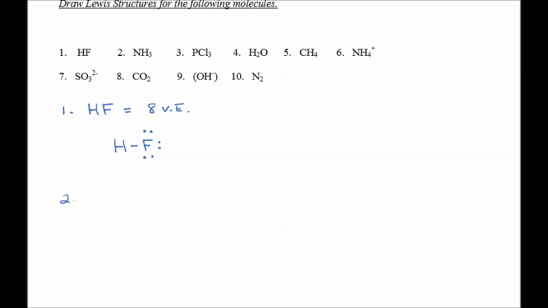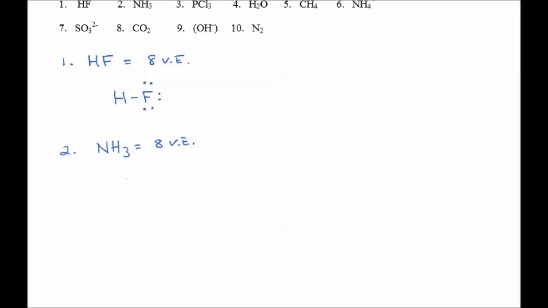So now let's just go ahead and pound through a few of them. Number 2, NH3. Step 1, count valence electrons. N is group 15, so it has 5. Each H has 1. So again, there's a total of 8 valence electrons. The first atom is usually the one found in the center of the molecule.